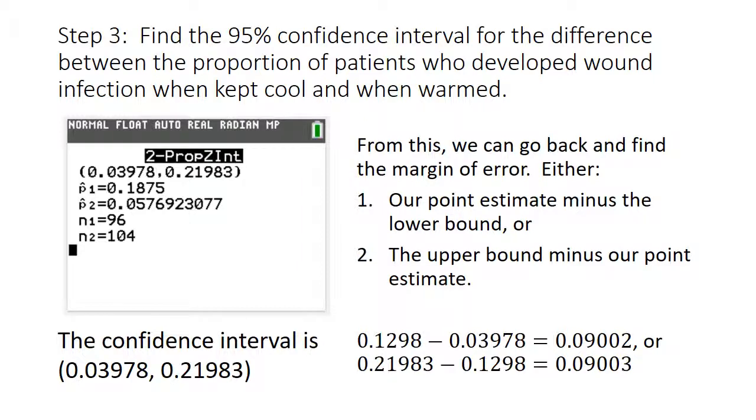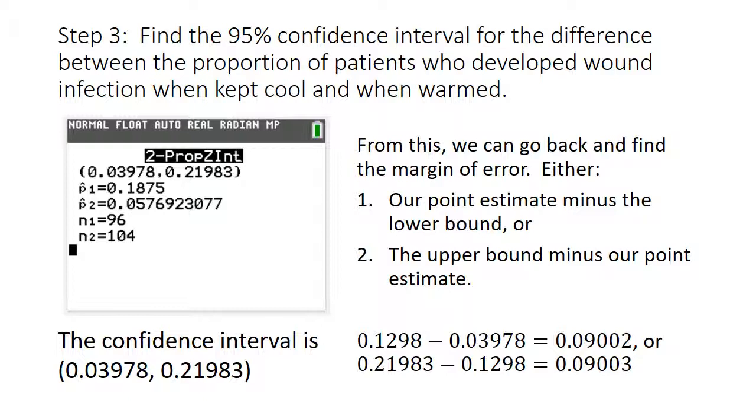Now from this, we can go back and find the margin of error. Go back up to step 2. We can either take that point estimate for the difference that we got, remember that 0.1298, and subtract the lower bound, because that point estimate should be right in the middle of the confidence interval. Or we can take the upper bound minus our point estimate. And you see those calculations performed below.